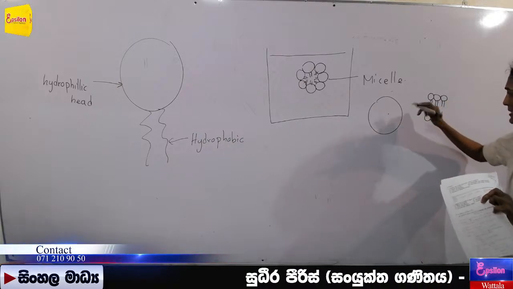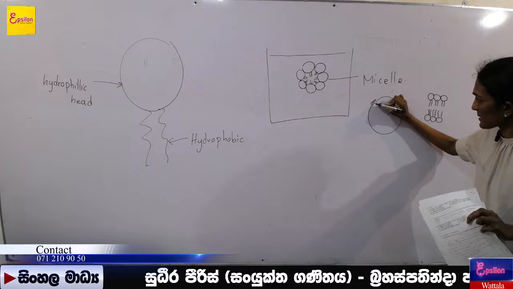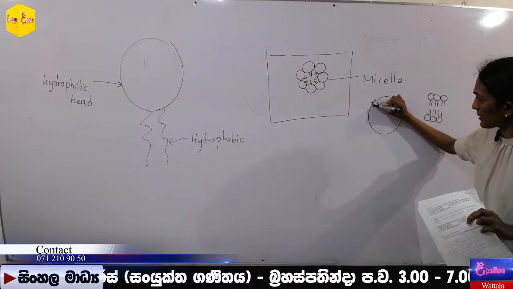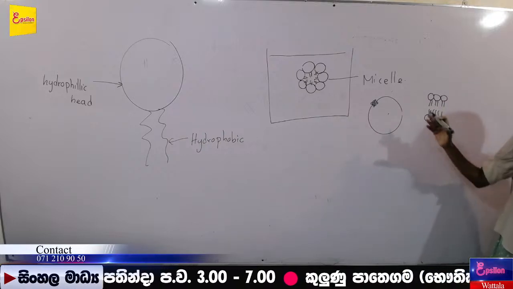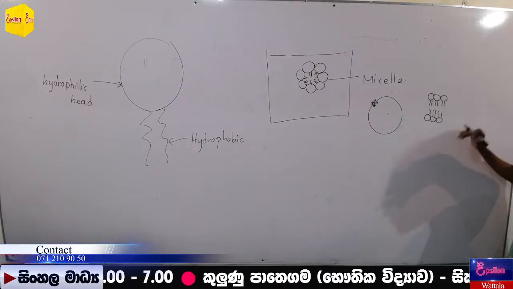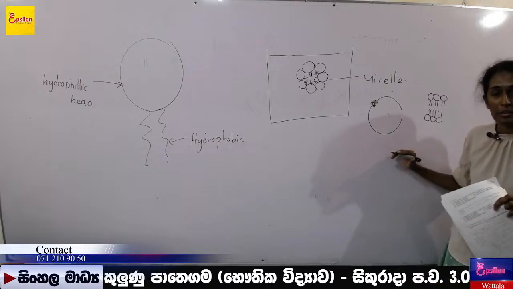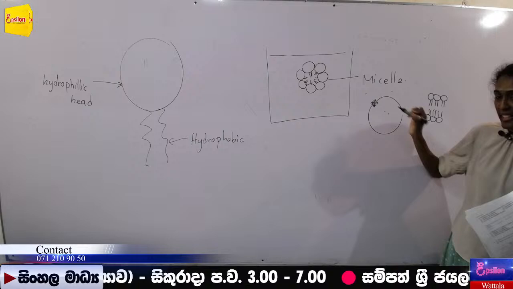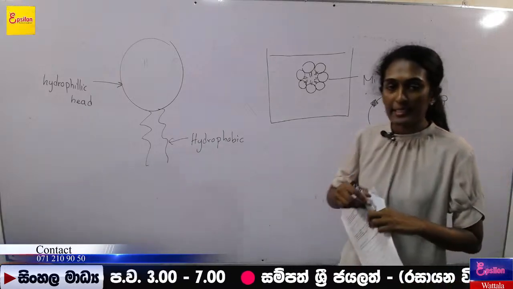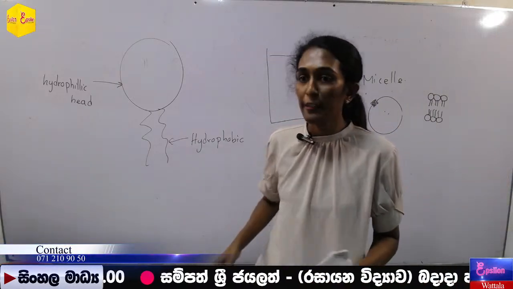Can you understand? Always the head is facing towards the watery environment outside the cell and inside the cell, and the tails, which don't like water, are facing inwards. Understood now?